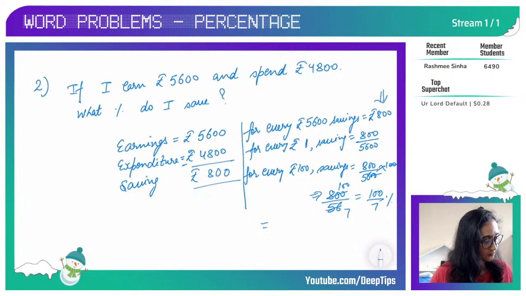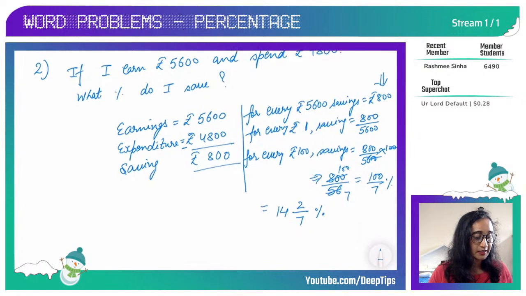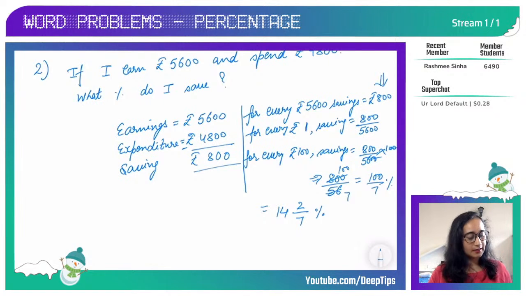You can solve it further as a mixed fraction, because 100 by 7 gives you 14 2 by 7, correct? 14 2 by 7% is my savings. And those who are writing competitions can directly calculate that for every 5600 you are saving 800 rupees.